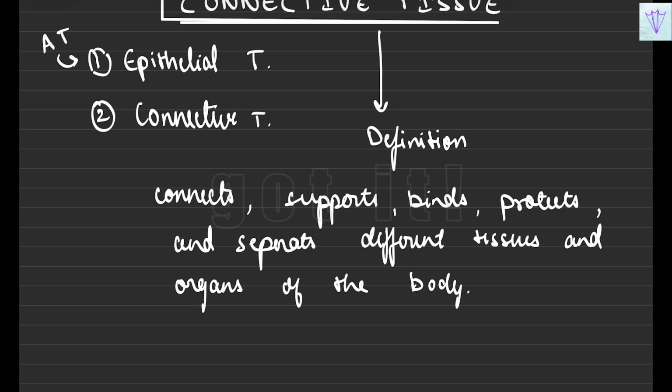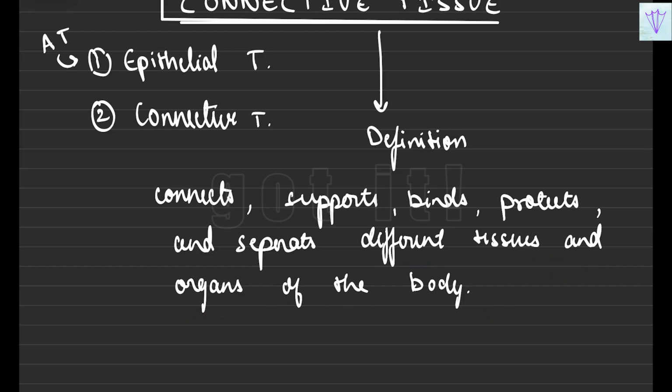The definition is that it is a tissue that connects, supports, binds, protects, and separates the different tissues and organs of the body.